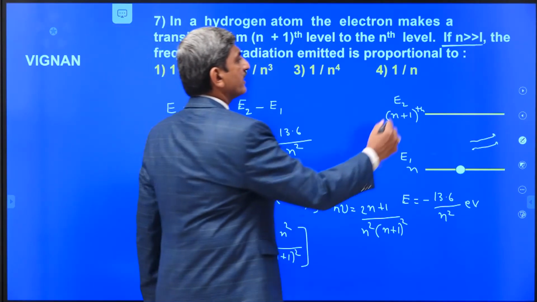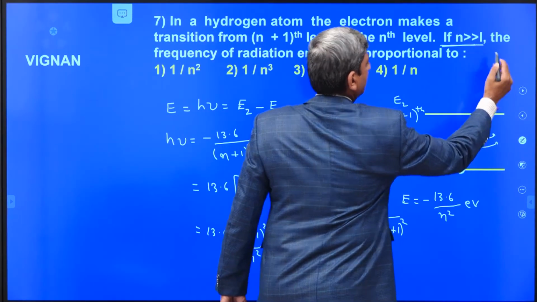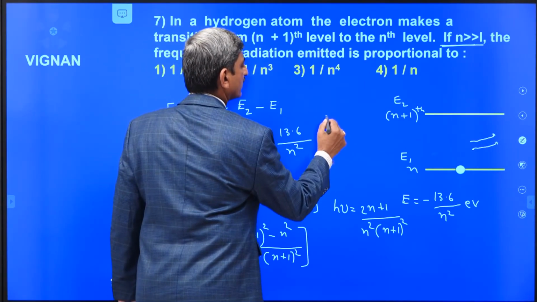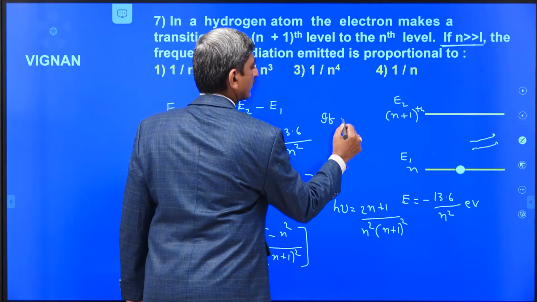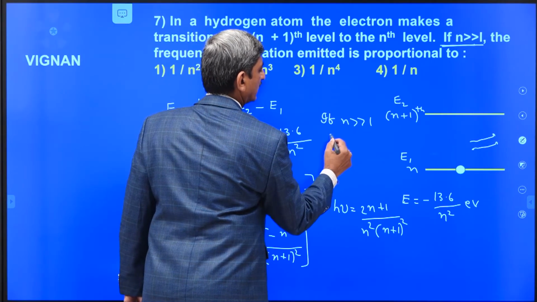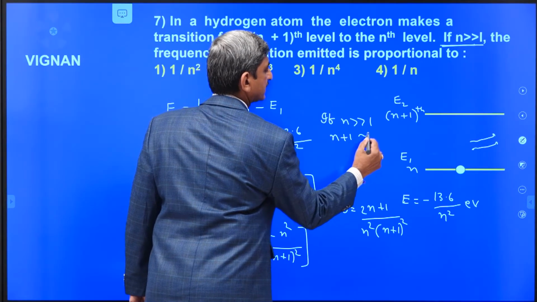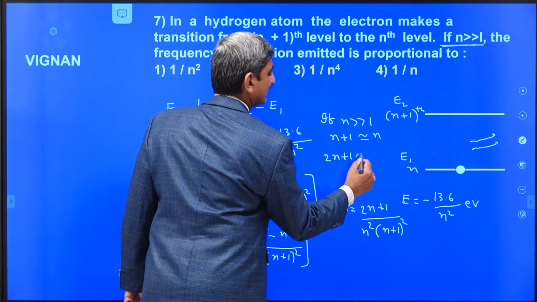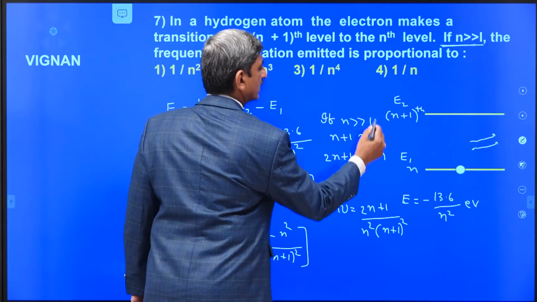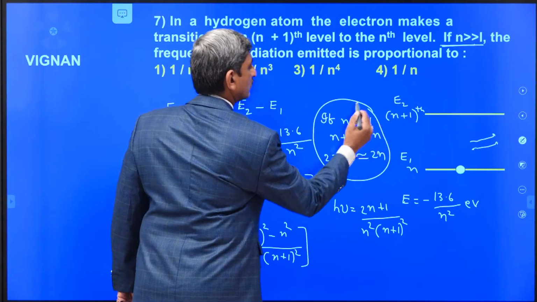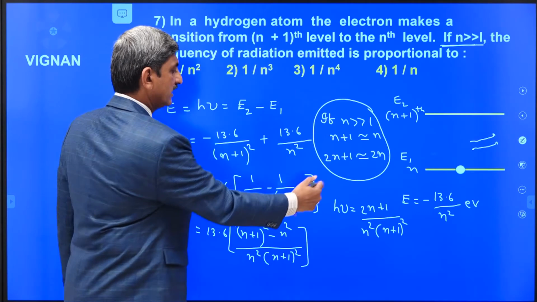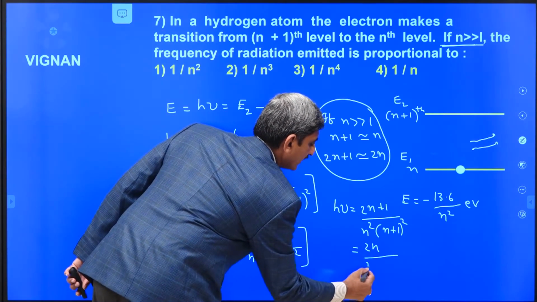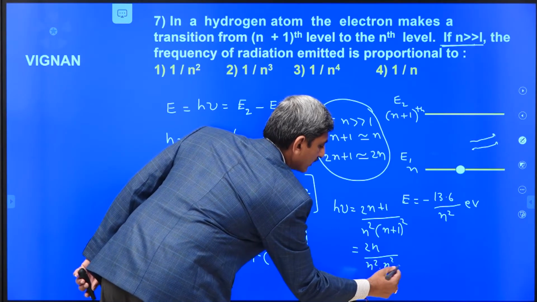But in the problem it is given that the number of the energy level n is very much greater than 1. If n is very much greater than 1, then n plus 1 is nearly equal to n and 2n plus 1 is nearly equal to 2n. Now substitute these two conditions in that equation, it becomes 2n divided by n square into n square.